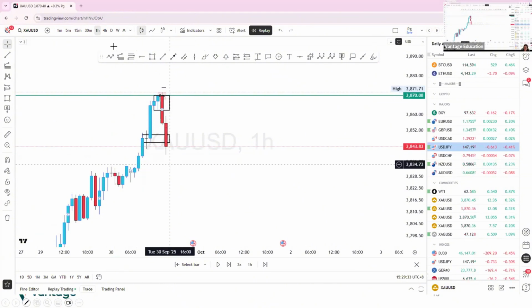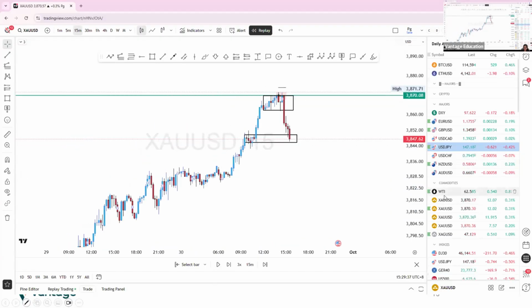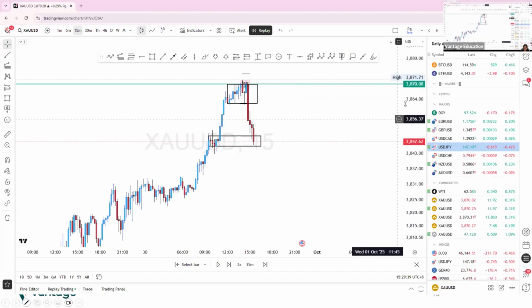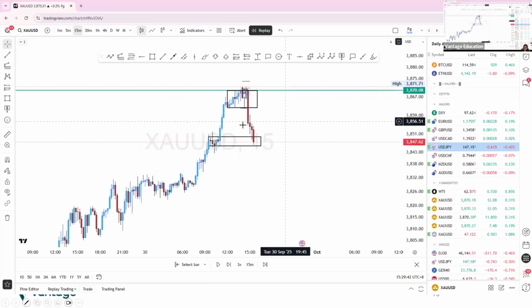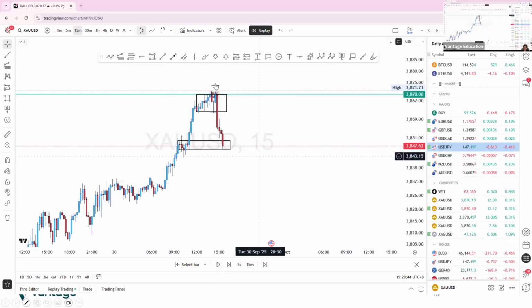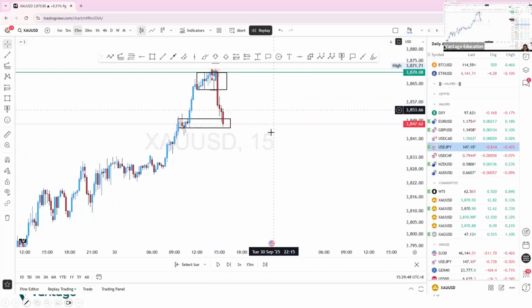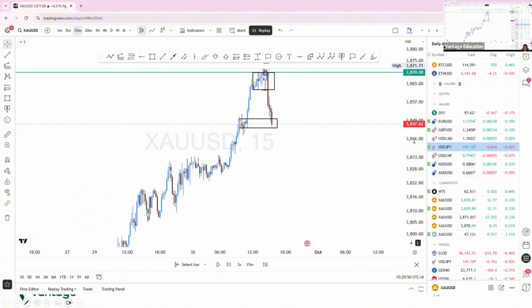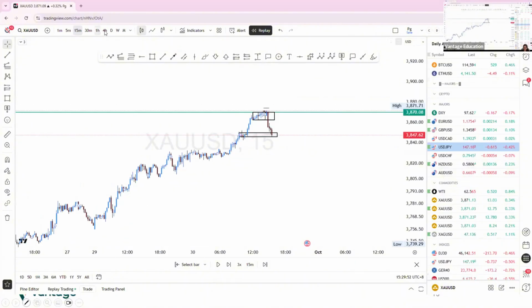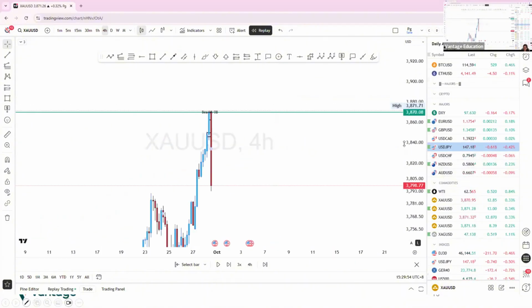You can see selling pressure here, and we really know that yesterday, for gold, since the London session opened, price had fallen almost 800 pips from the all-time high, ATH, to close below 3,800. Then from there they bounced, right?